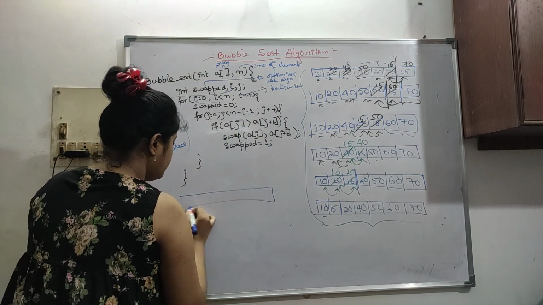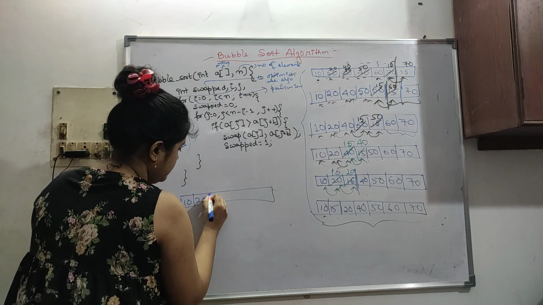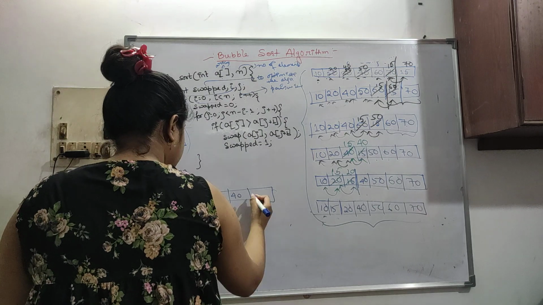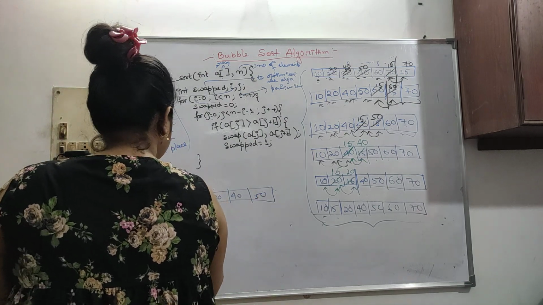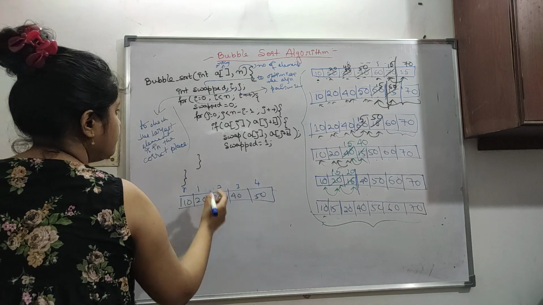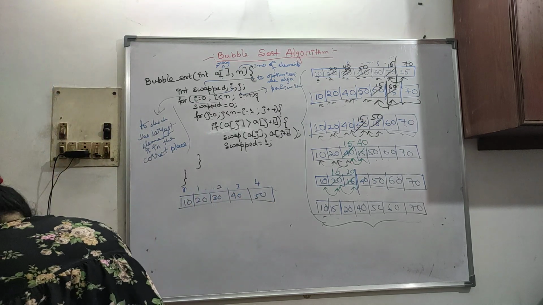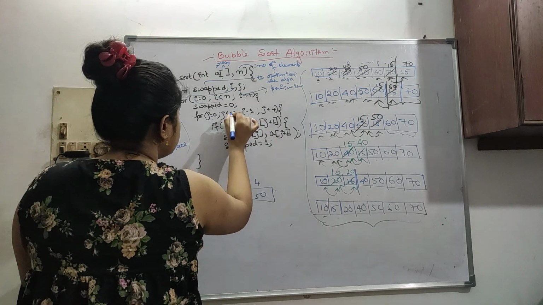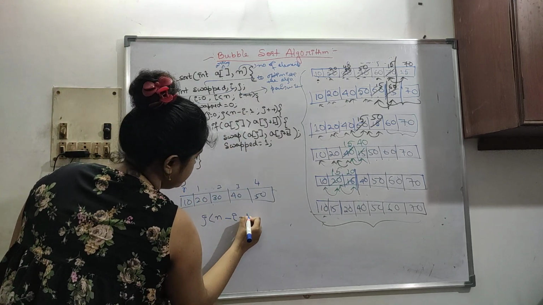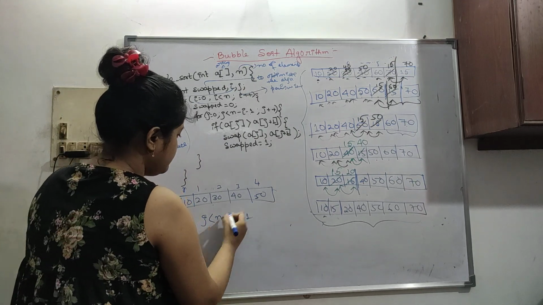Here let's take an array 10, 20, 30, 40, then 50. Okay, so here let's say indices 0, 1, 2, 3 and 4. Number of elements: so for j less than n minus i minus 1, number of elements are 5.